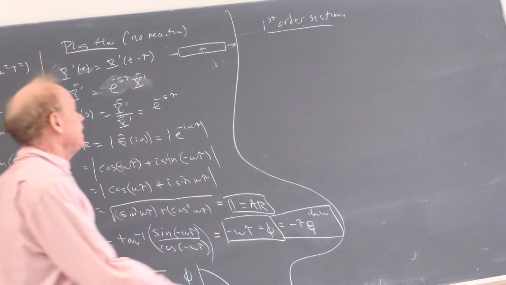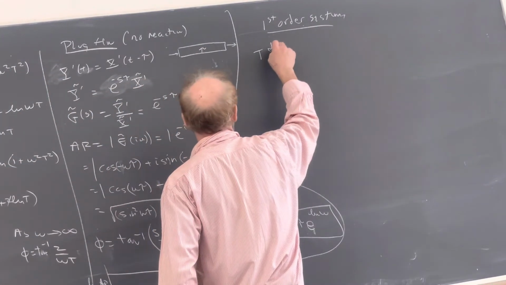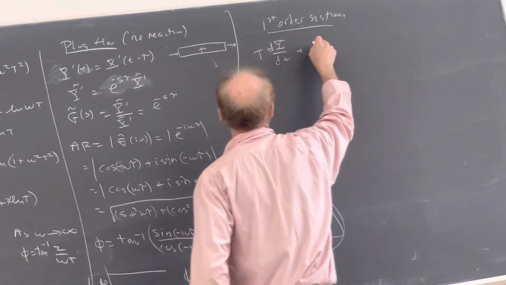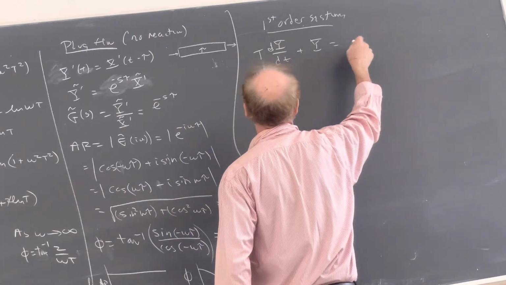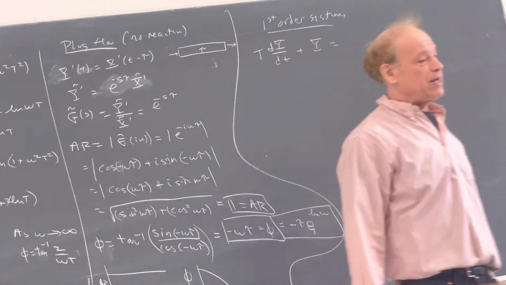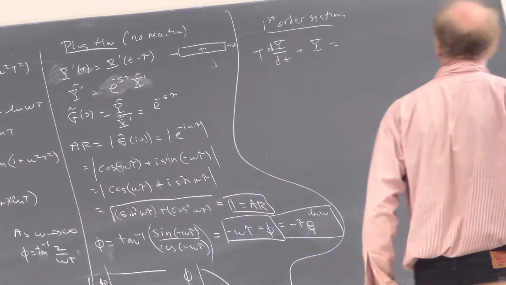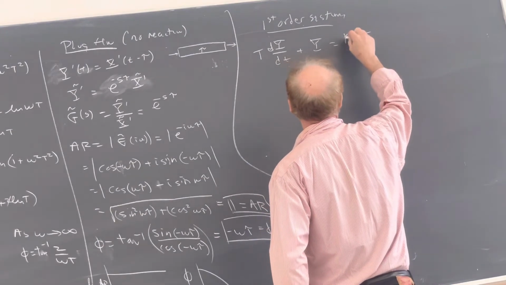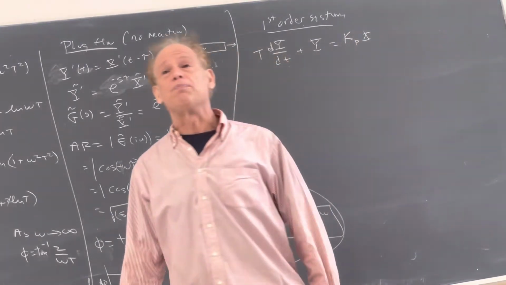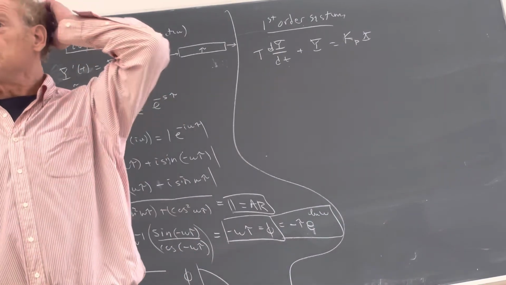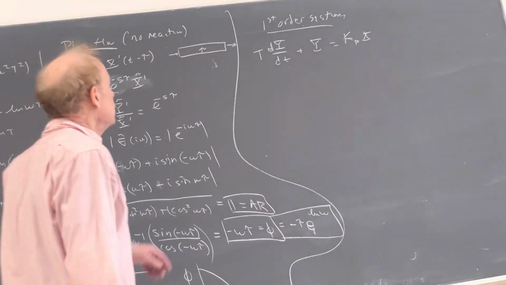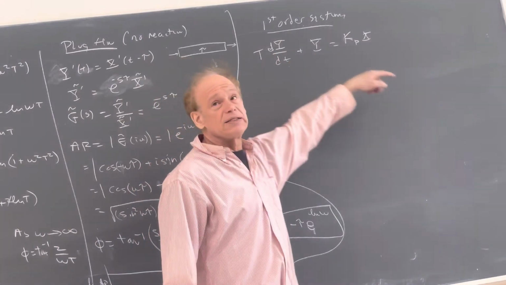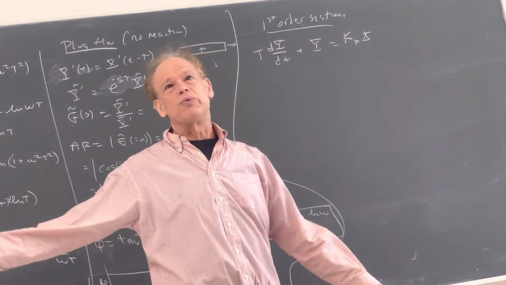So y is the output, tau dy/dt plus y is equal to Kp x. I'm going to leave out the primes. I'm going to assume that these are already deviation variables. So this is just a standard form where tau is the time constant, y is the output, and x is the input. So the algebra is what we've done before.